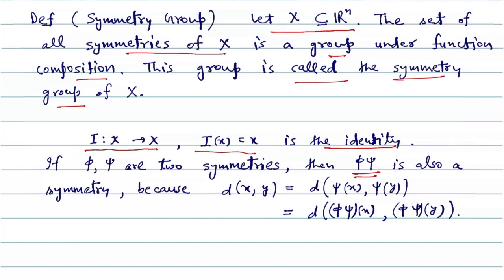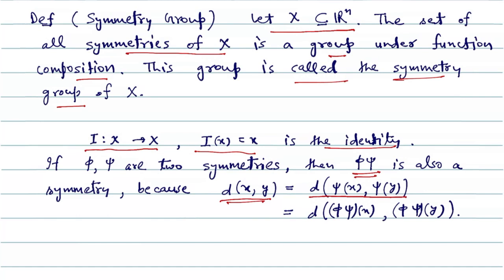Phi psi is the composition of these two, phi and psi, because if we take the distance between x and y, then because psi is a symmetry, the distance between psi x and psi y will be the same as the distance between x and y.